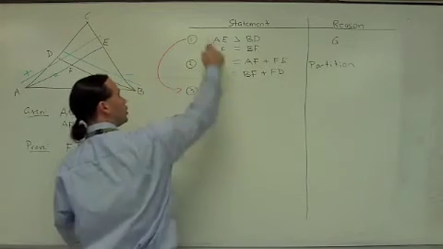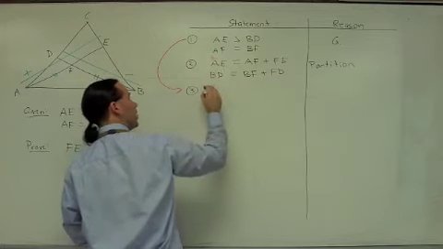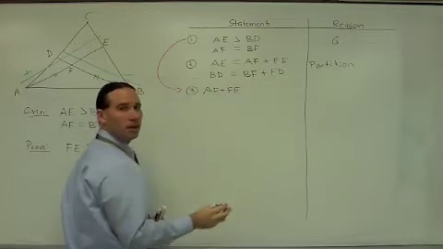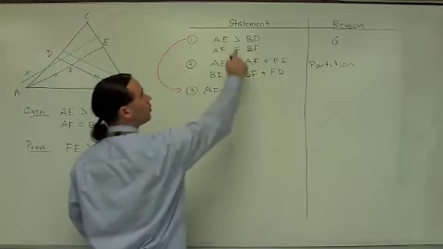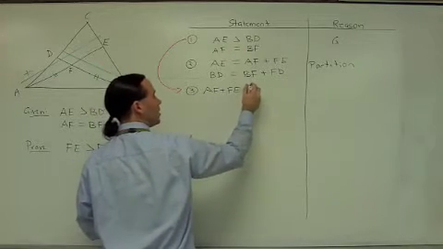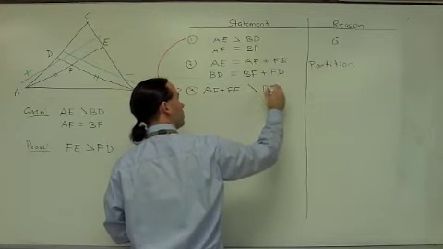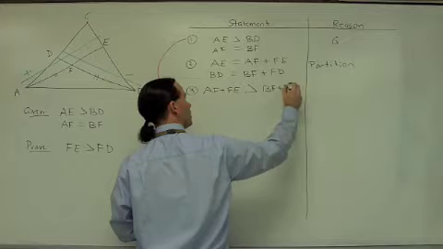So AE becomes AF plus FE. All we're doing is swapping out, so the greater than sign stays the same. Greater than BD, which is BF plus FD.